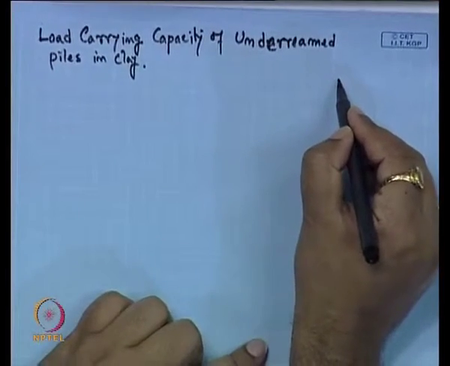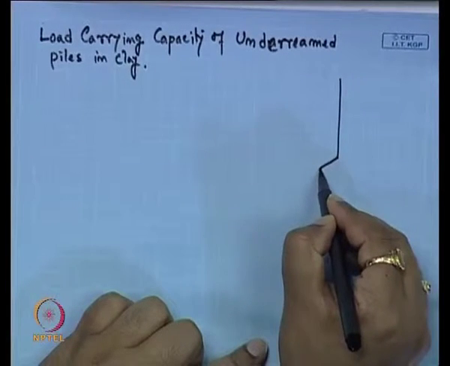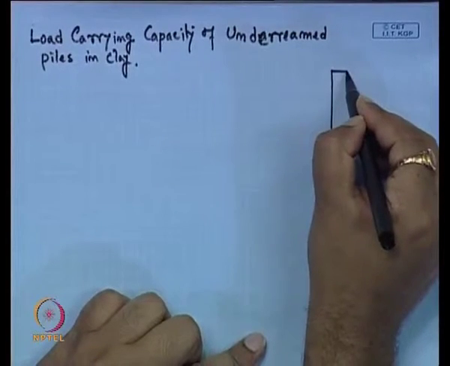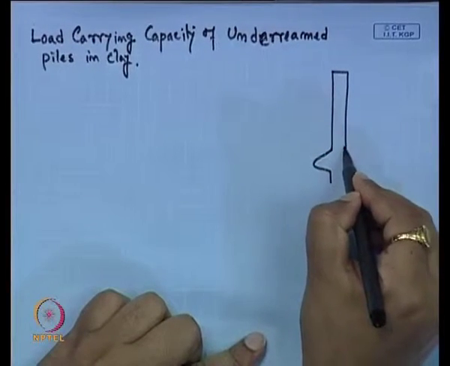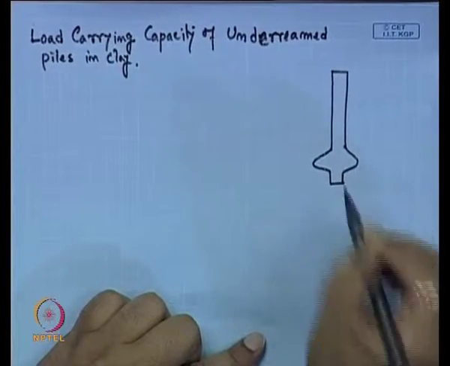As I have already discussed, an underreamed pile is where you provide a bulb in the pile at the base to increase the load carrying capacity of the piles.